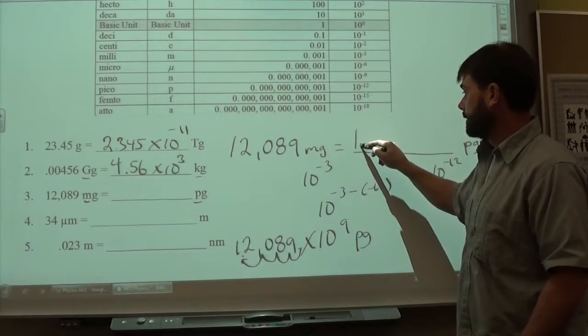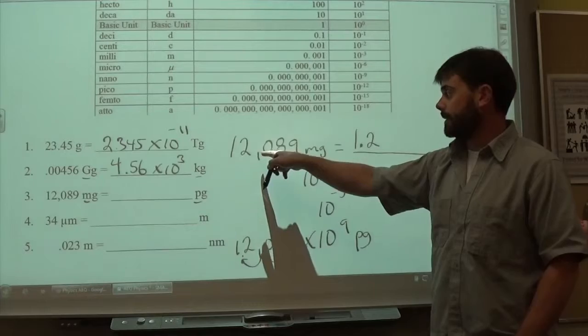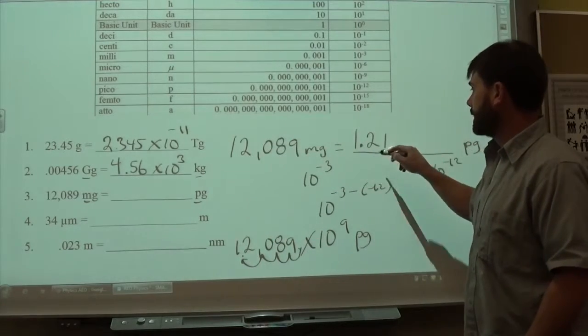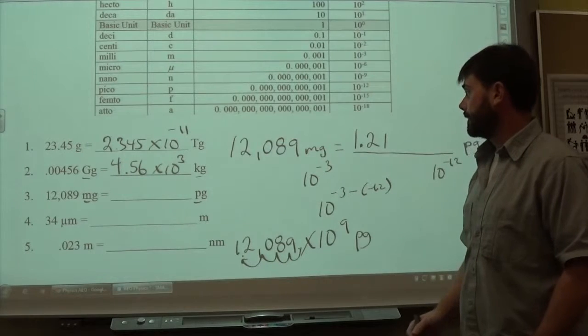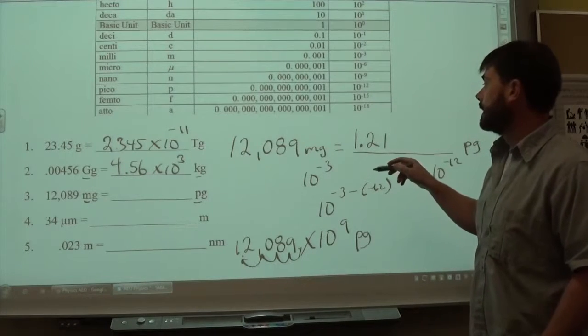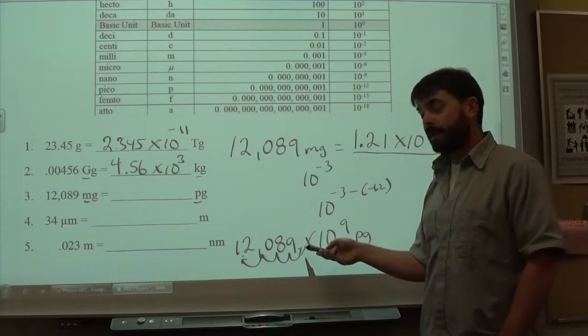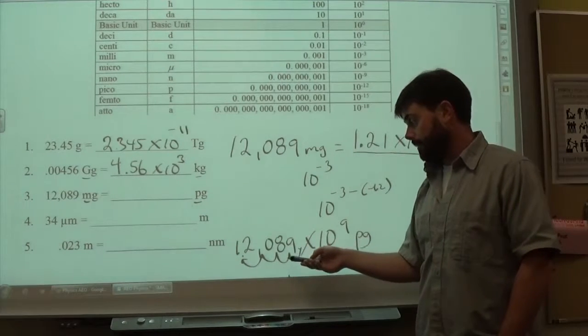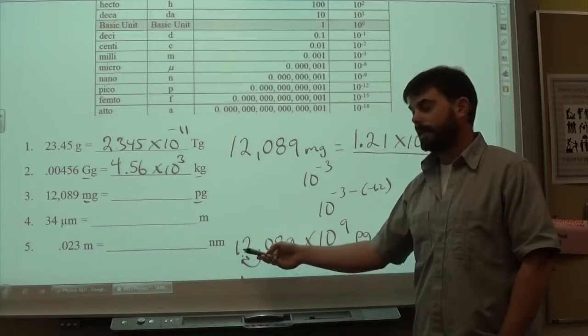So the value I'm going to end up with is 1.2, and I'm going to round this to 1.21. You could stretch it all the way out if you would like, but I'll round it to 1.21, and then we're going to be at times 10 to the. So I'm making this smaller, 1, 2, 3, 4, or 10, 100, 1,000, 10,000.